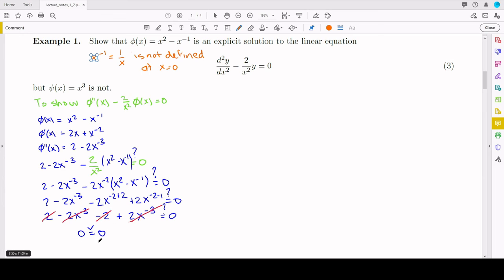So even though this is an identity, it's not valid for all real numbers. And so what we can write here is that this solution is valid on negative infinity to 0 or 0 to infinity.